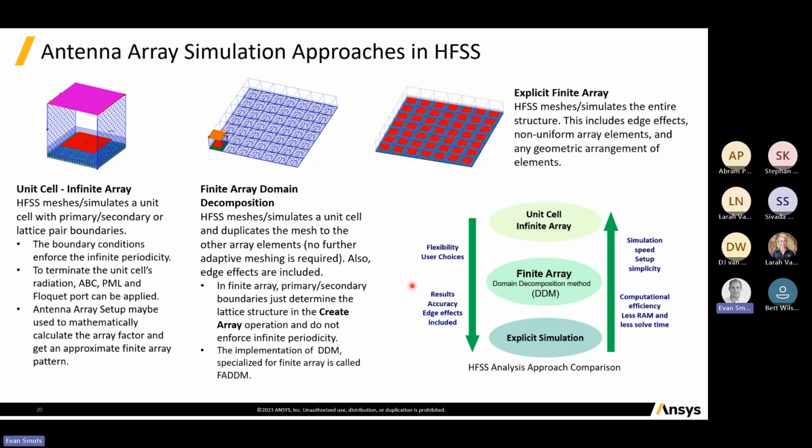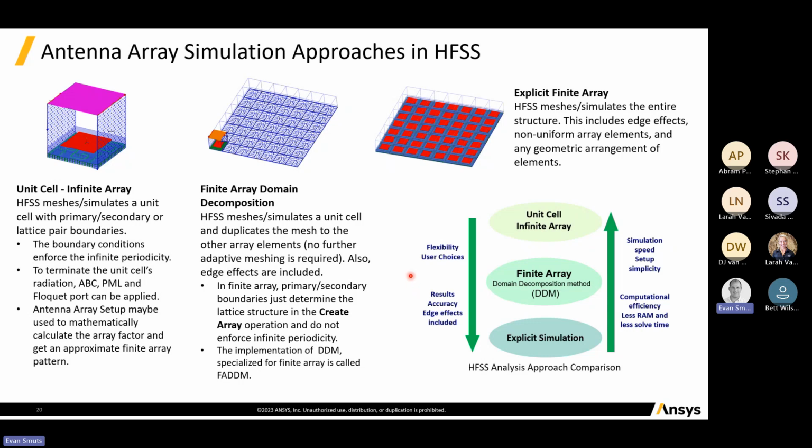In this case, we only need to consider one active element within the array, and that allows for obviously a very quick, efficient simulation. So this is usually a good starting place when we design an array, just to get a feel for how these elements perform before we start throwing them together into a bigger system.